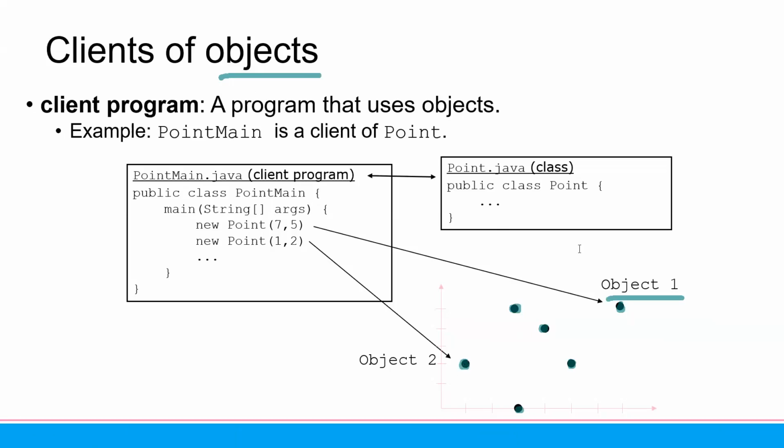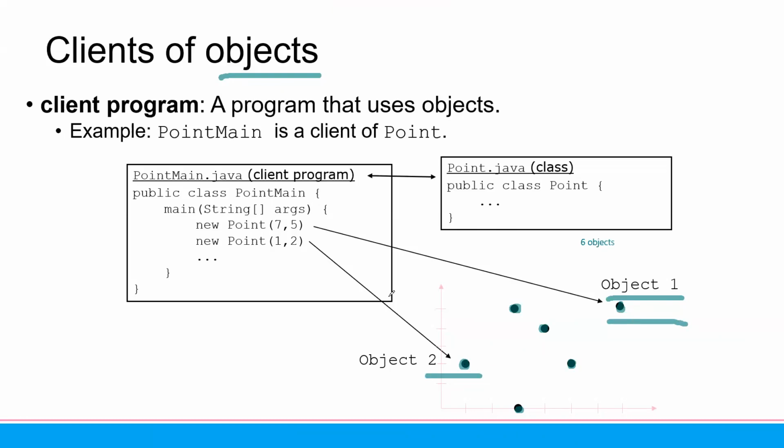We have 1, 2, 3, 4, 5, 6. We have 6 objects. And for every object, later we can give a name, or we can just put a label. Let's say this is object 1, this is object 2, so we can distinguish between the objects.